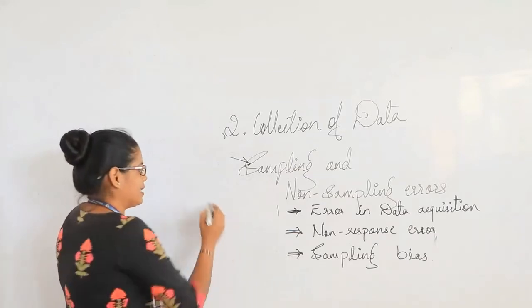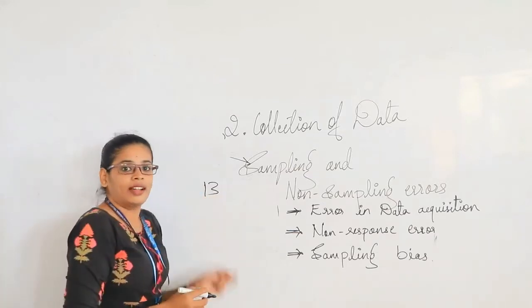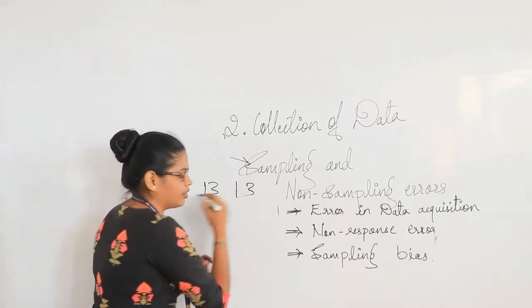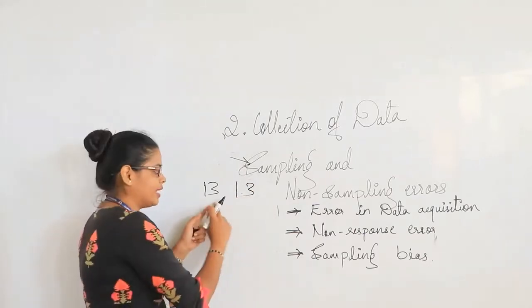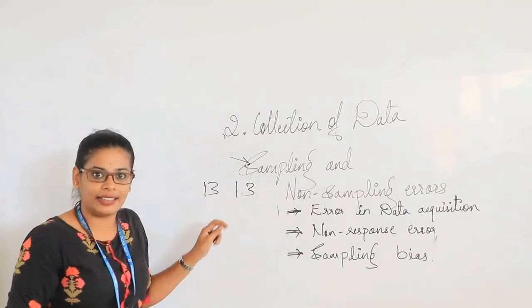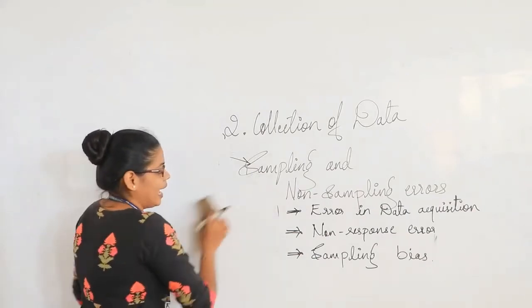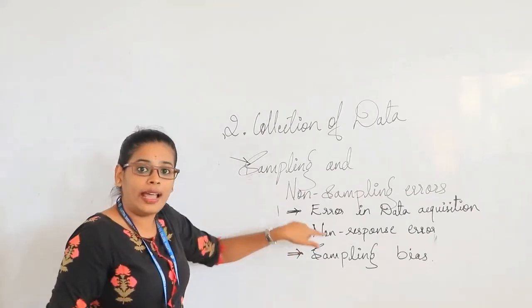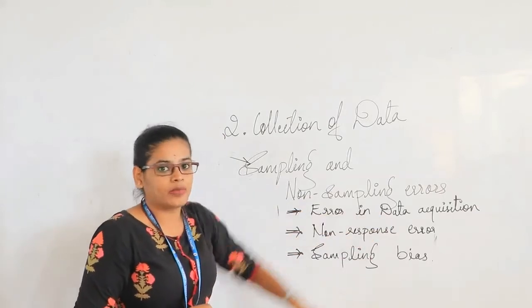Or it might be like this: if you want to write 13 but you have written 1.3. You can see the difference, right? 1.3 is far lesser than 13. So this is the error which can happen while acquiring the data.